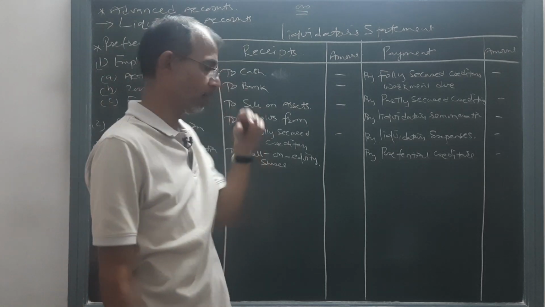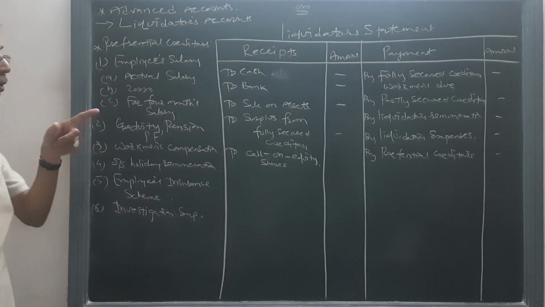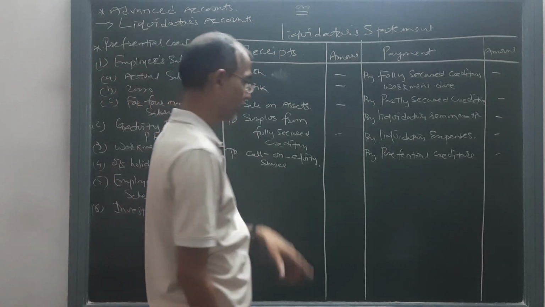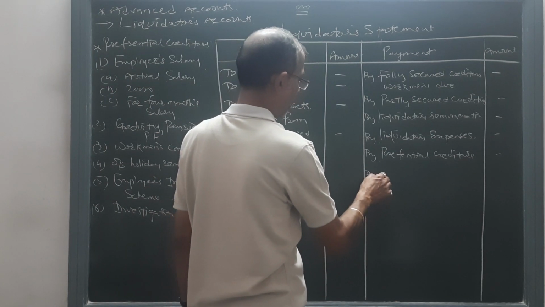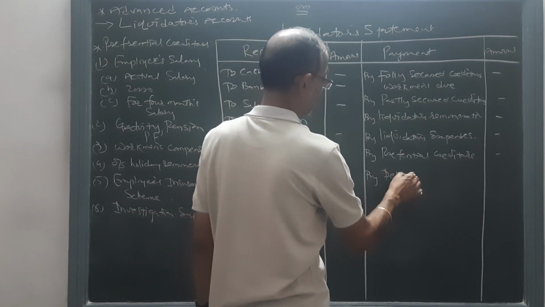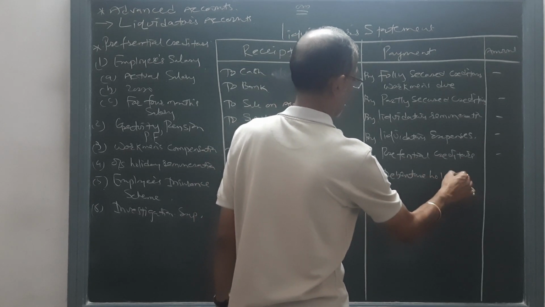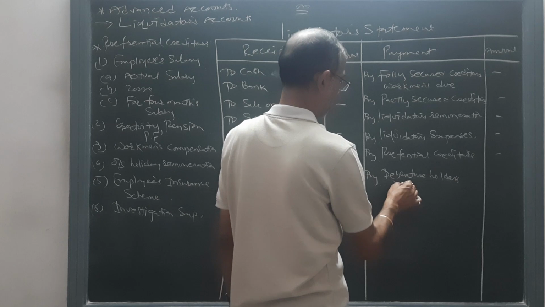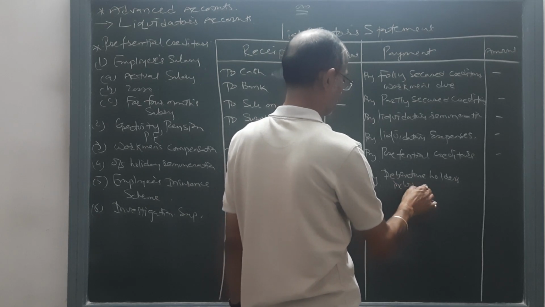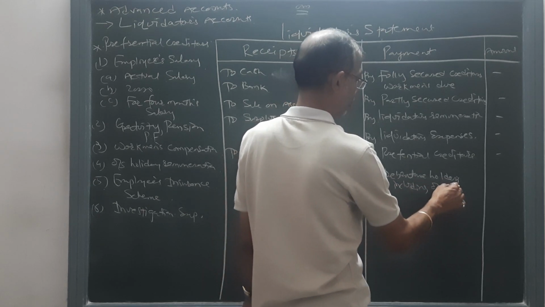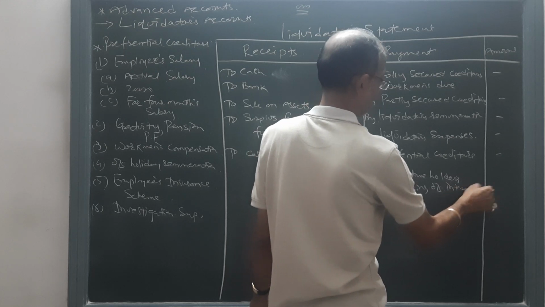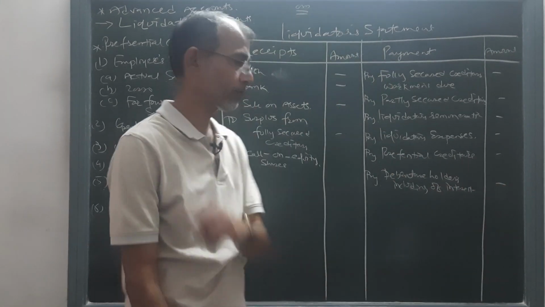All these 6 items are included in preferential creditors. Then after, the amount will be paid to debenture holders including outstanding interest.